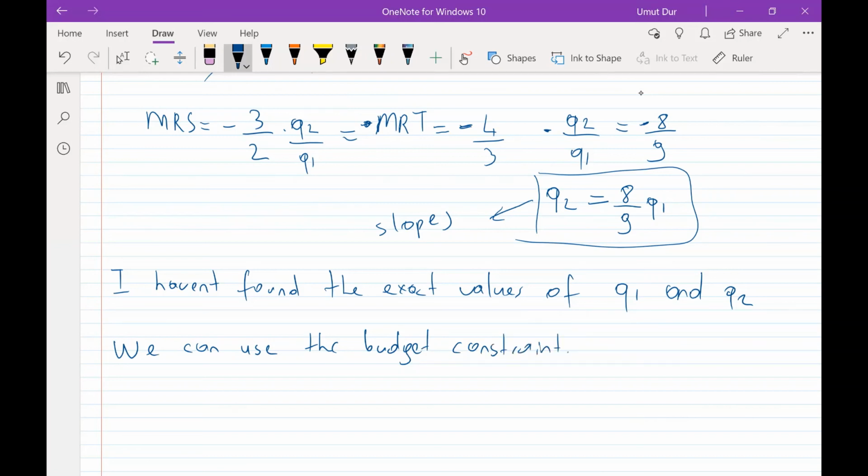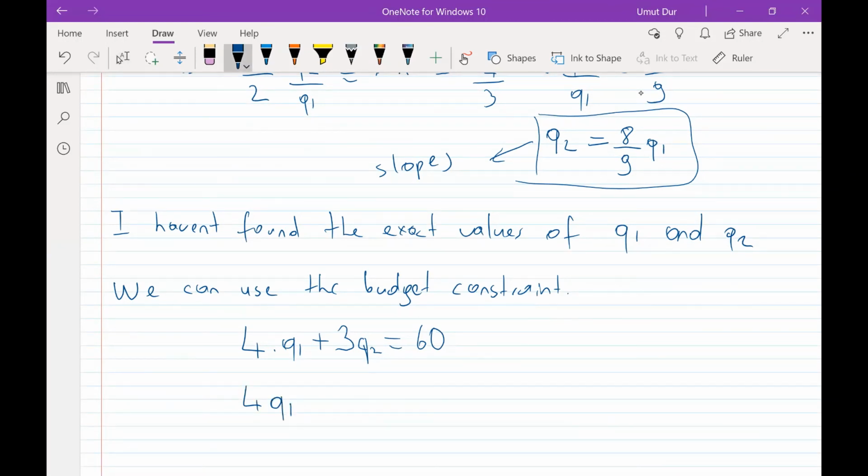Our budget constraint is: the price of good 1 is 4 times Q1, plus the price of good 2, which is 3, times Q2, equal to my income, which is 60. I have two unknowns in the equation, but I know the value of Q2 in terms of Q1. So I will plug 8 over 9 Q1 in instead of Q2.